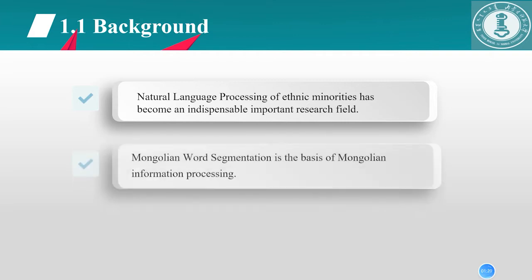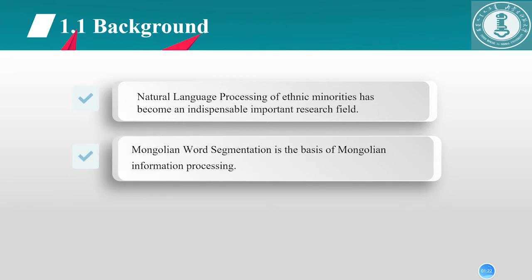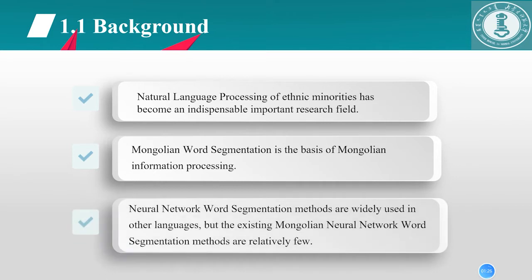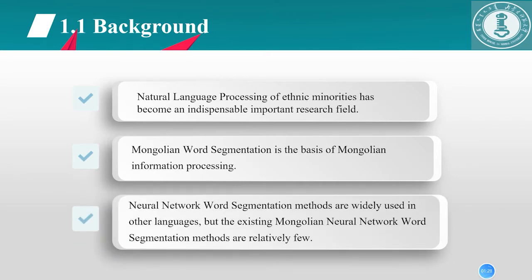Mongolian word segmentation is the basis of Mongolian information processing. Neural network word segmentation methods are widely used in other languages, but the existing Mongolian neural network word segmentation methods are relatively few.